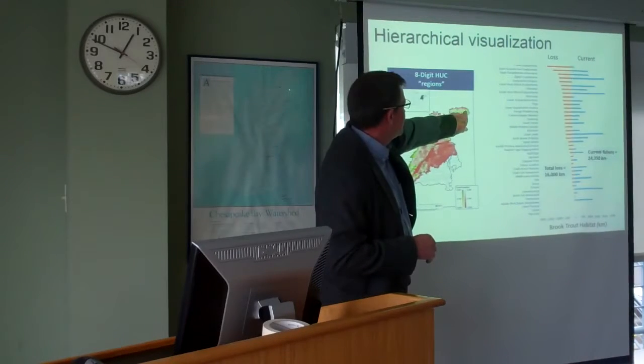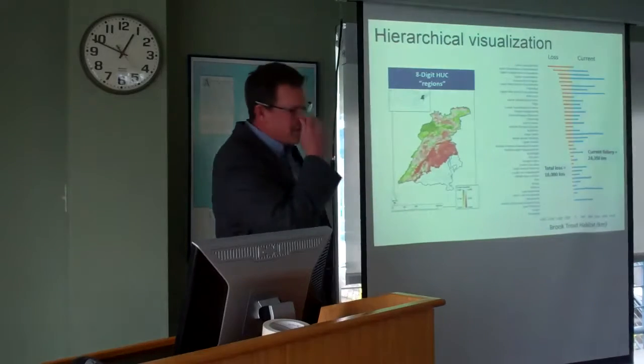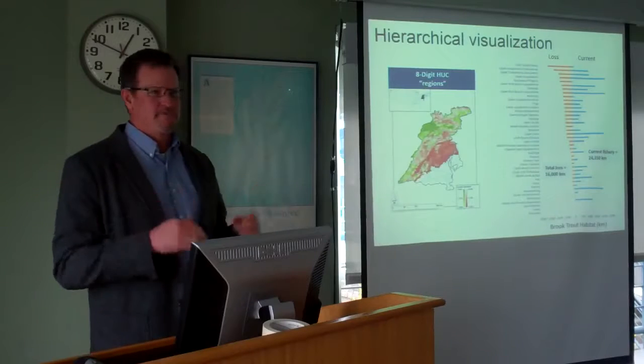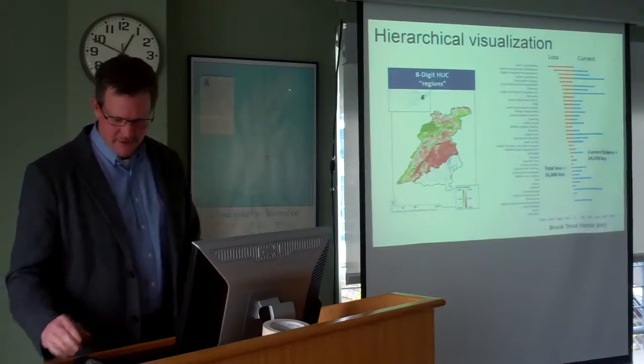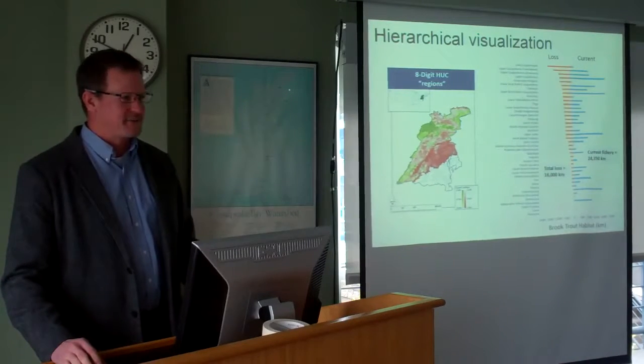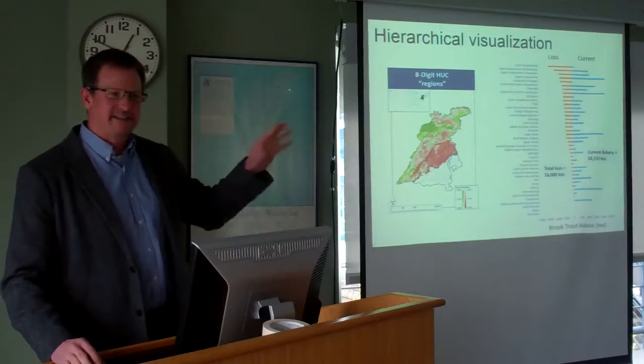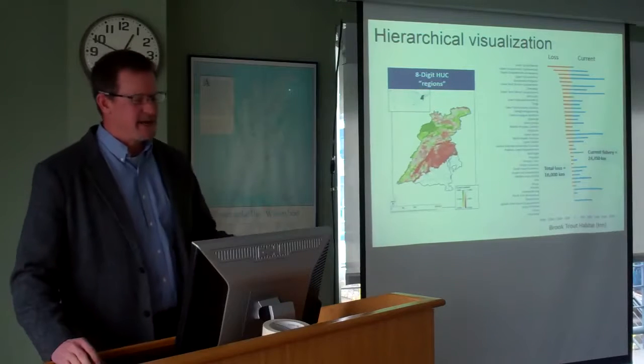The upper Susquehanna, interestingly, still has quite a bit left, but it's also lost a lot. Now, which one should we restore? That's up for folks to mess around with the data sets in the ranking tool to come to that conclusion. But the point is that this is the type of information that's in there and can be visualized.